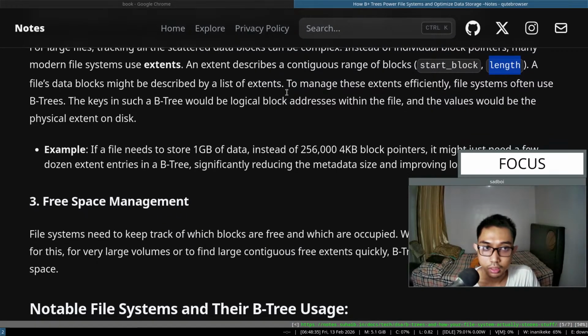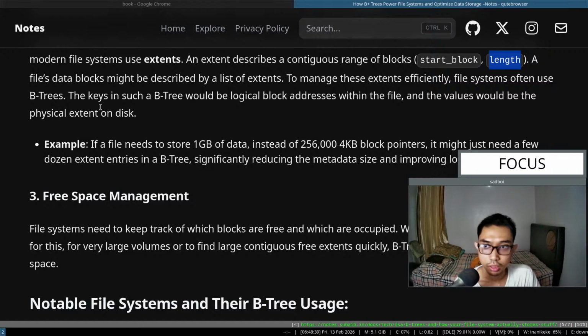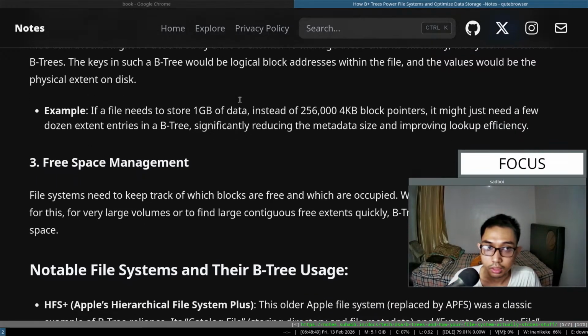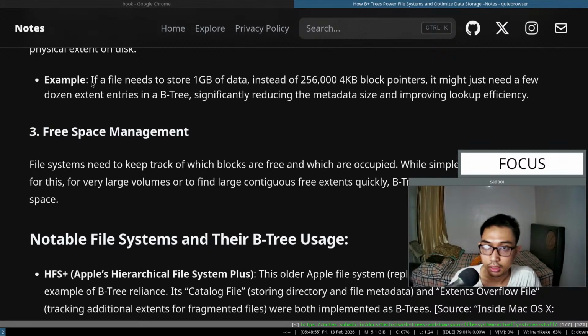To manage these extents efficiently, file systems often use B-trees. The key in such a B-tree would be the logical block address within the file, and the values would be the physical extent on disk.